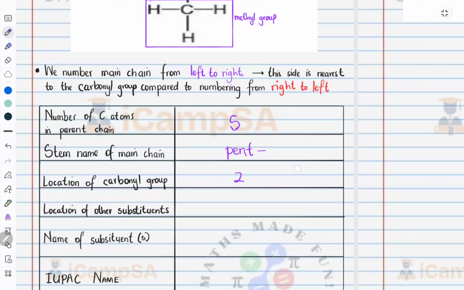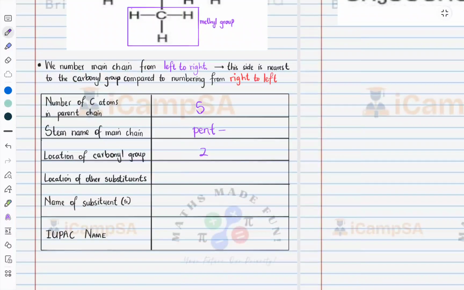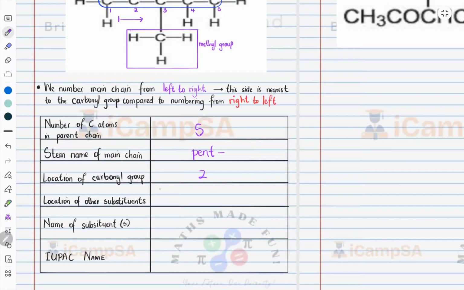Carbon atom number 2. The location of other substituents. By other substituents, I added this row so that we can cater for other substituents, which could be a halogen atom or an alkyl group. So that one would be number 3, and it's for the methyl group. That's the location.